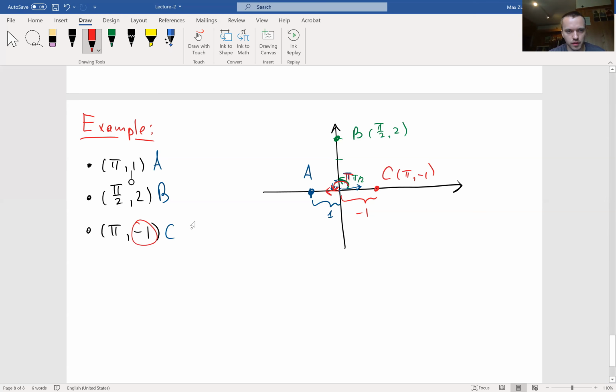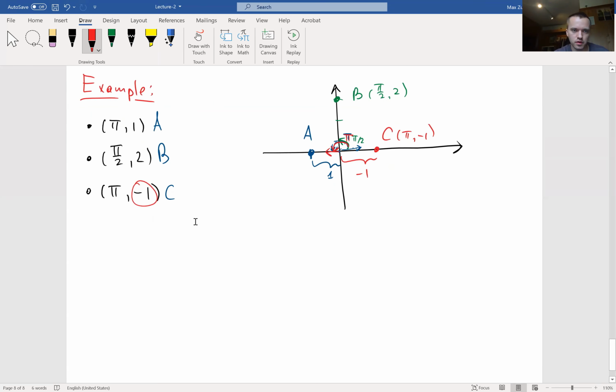So this was about sketching, but what if we have these polar coordinates right now, and we want to find the Cartesian ones? So, example: polar to Cartesian.